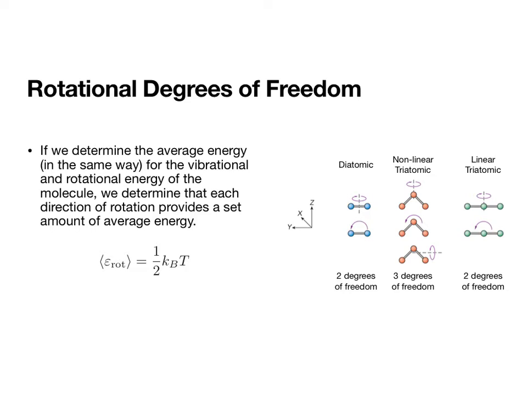And we're going to talk about vibrations in a minute, but to start with rotations, if we solve this out, we determine that the average rotational energy for each type of rotation is 1/2 kBT. And then the question becomes, how many directions can a molecule rotate? And that depends on the shape of the molecule. So diatomic molecules can rotate in 2 directions.